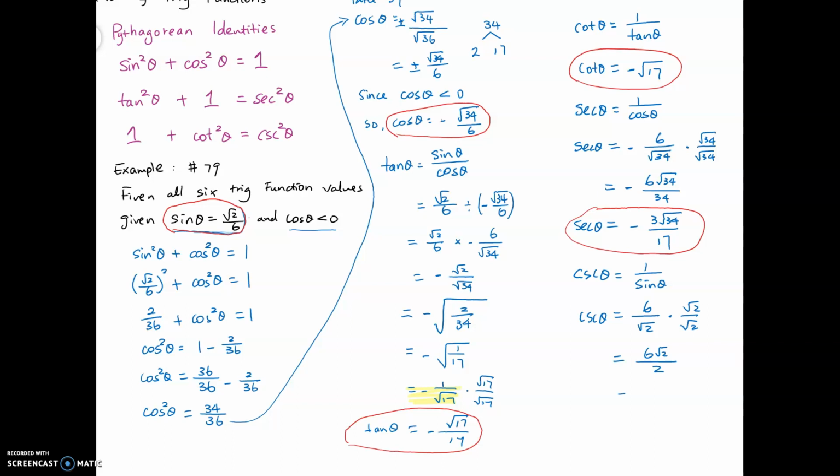Divide numerator and denominator by 2, we end up with 3 times square root of 2. Okay, for space reasons, I'm not going to rewrite the answer keys.